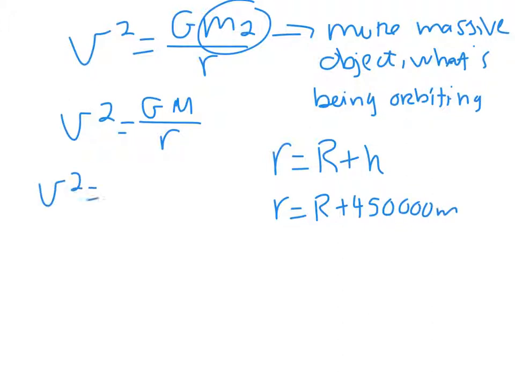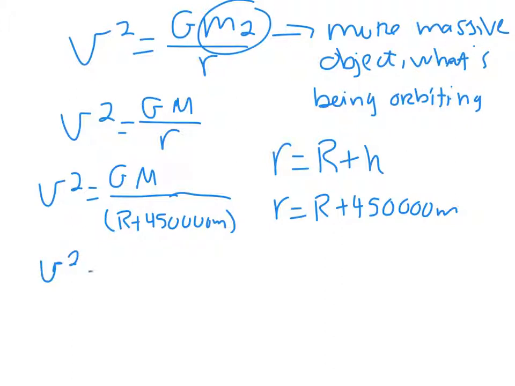So speed squared equals GM over r plus 450,000 meters. If you stored this in your calculator as G and M, again, this becomes a pretty simple equation. So alpha G, alpha M, hit enter, divided by our radius plus 450,000 meters.